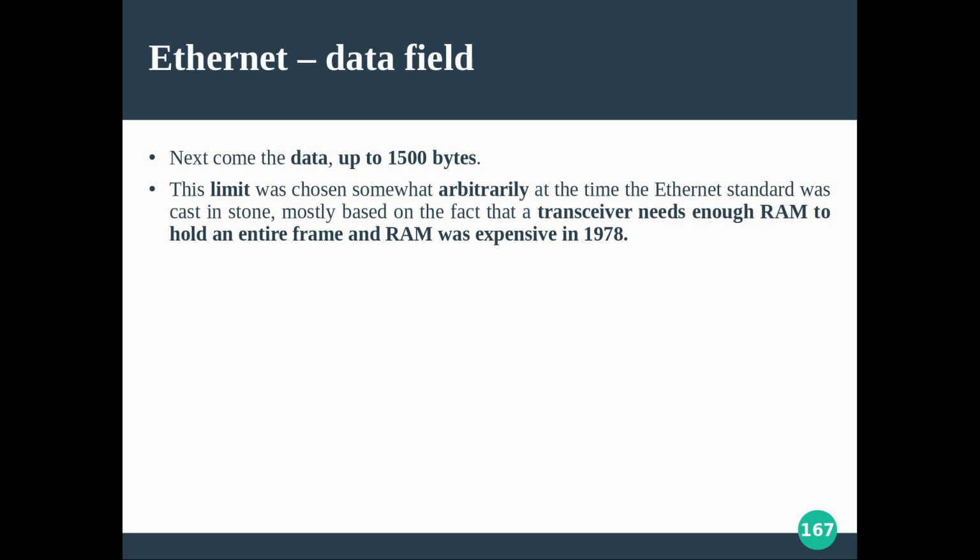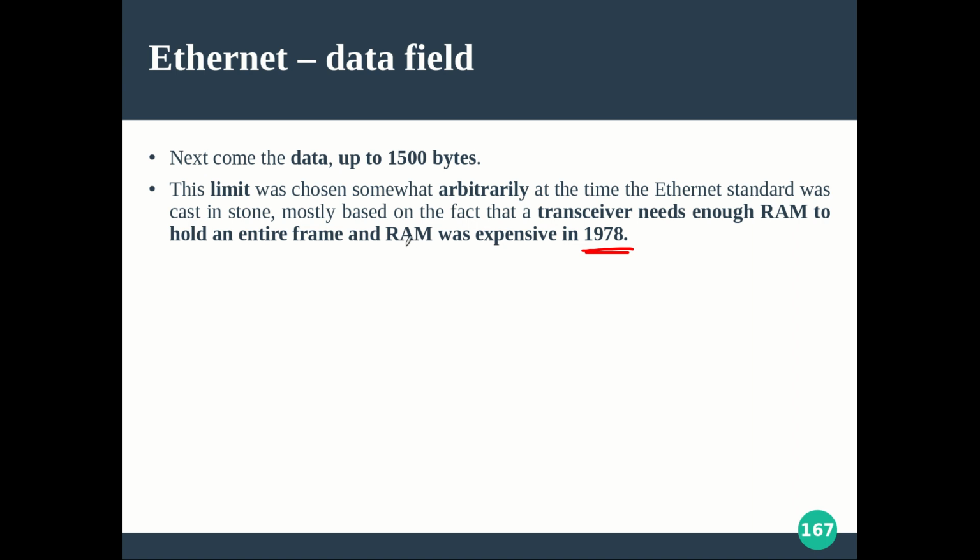And why this limit? This limit was chosen somewhat arbitrarily. At the time, the Ethernet standard was cast in stone, mostly based on the fact that a transceiver needs enough RAM to hold an entire frame, and RAM was expensive in 1978. But right now, RAM is cheaper, and you can accommodate a bigger size, of course.